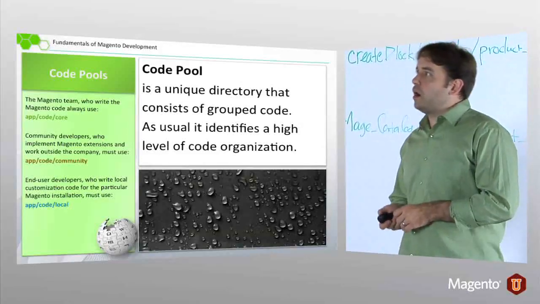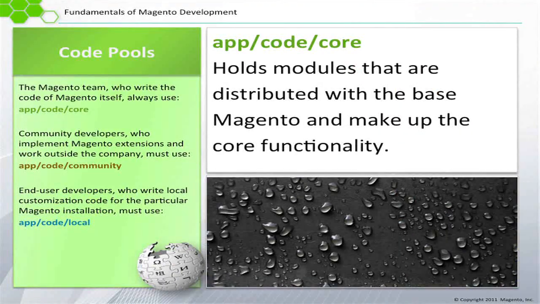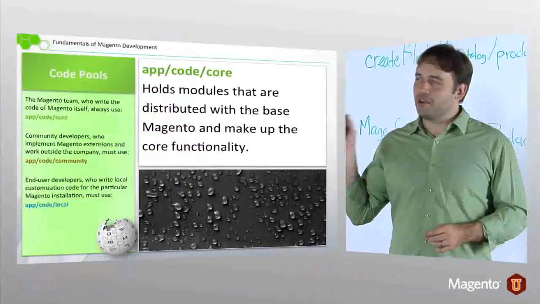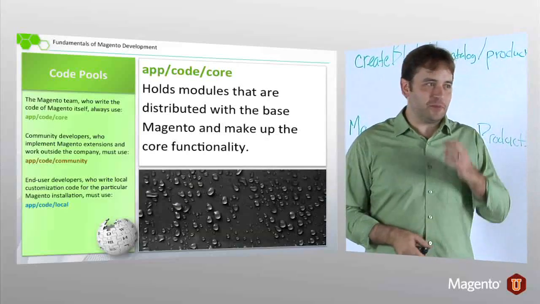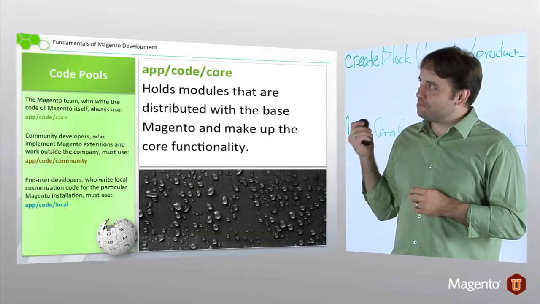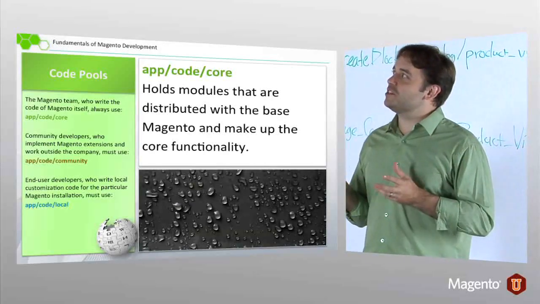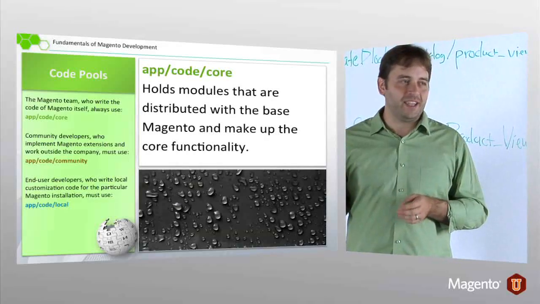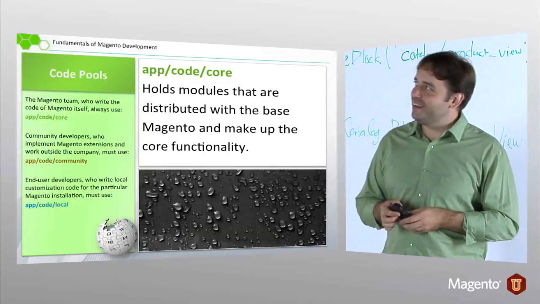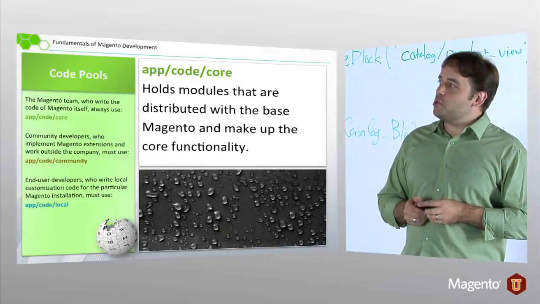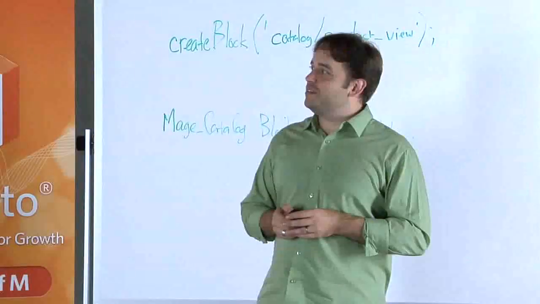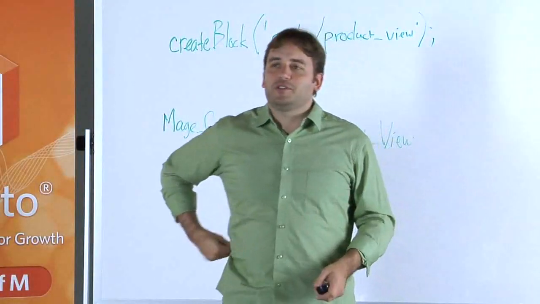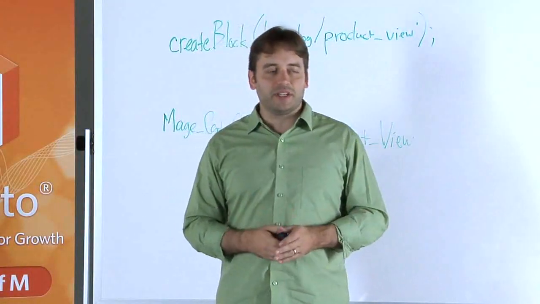So, app code core, you will never do anything in here, except in a couple of the examples that I have. The only time you're ever allowed to edit this code is when you're being taught Magento. So this is for the core team only, i.e. Magento employees. And you may find yourself going in there to drop in a little die or a logging function or something, and that's okay.